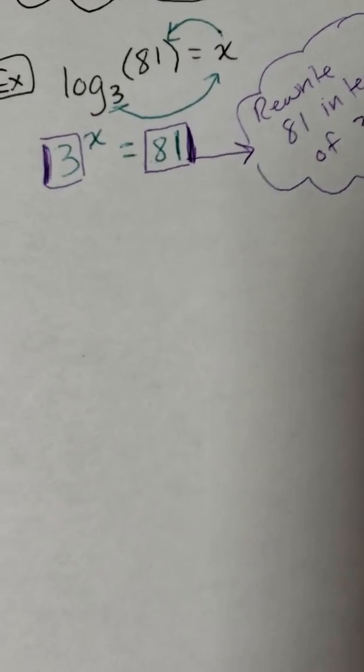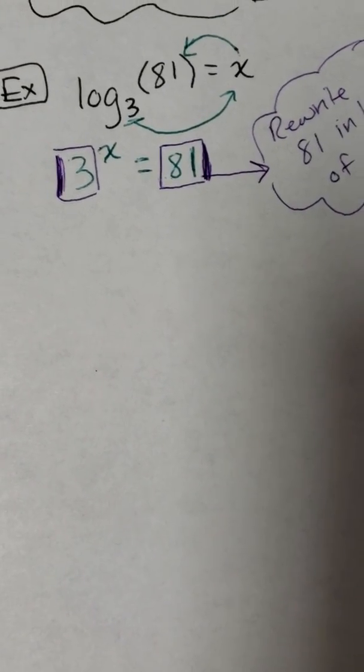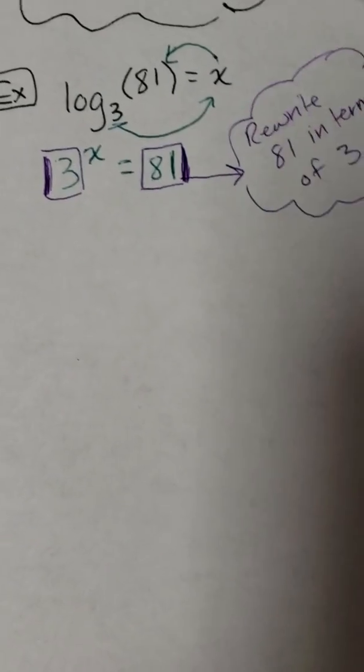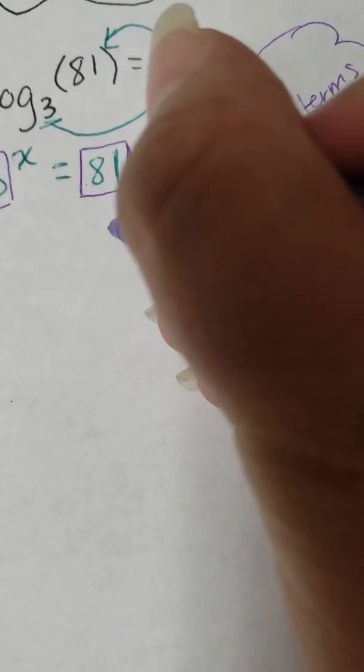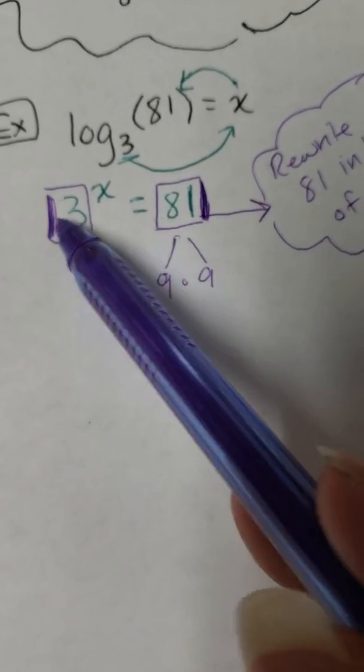Now, some people are really good at this and can tell me right away that 81 is the same as 3 to the 4th power. But if you're like me and have to break it down, here's what I would do. Let me do it here because my paper's moving. I know that 81 is 9 times 9. But that's still not a 3, and I need these to match, so I have to break it down even more.